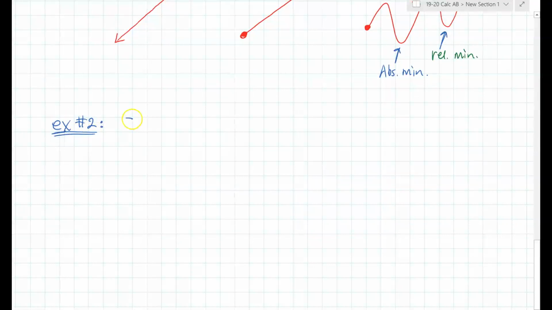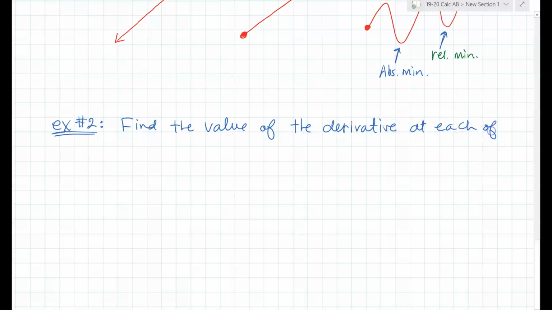All right, so find the value of the derivative at each of the relative extrema shown.